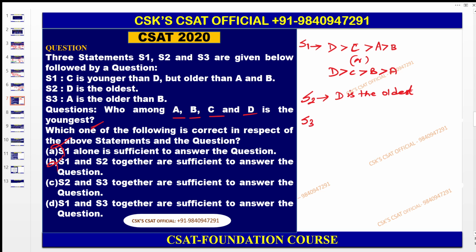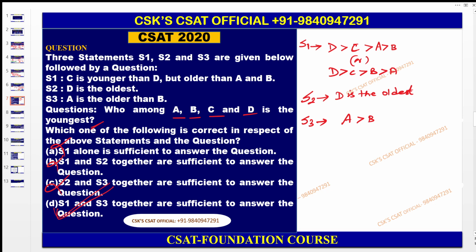Now let us take 3. Statement 3 says that A is older than B. With 2 and 3 you can't say who is the youngest one. Here it simply says D, with no information related to C. You can't say anything with 2 and 3. Eliminate. So only one left here is D.